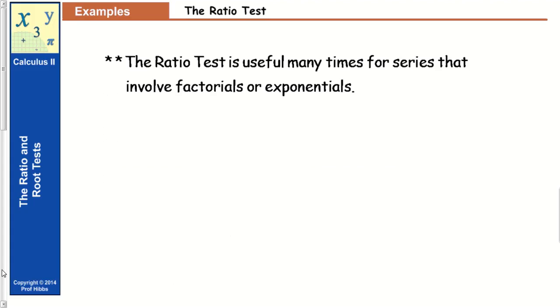Now, this has a very important statement before we do this problem. The ratio test is useful many, many times when the series involves factorials or exponentials. And what I mean by exponentials is exponents that have the index in them, the n value or the k value or whatever. That's a good rule of thumb: consider the ratio test when we have a series where the terms are fractions involving factorials or exponentials.